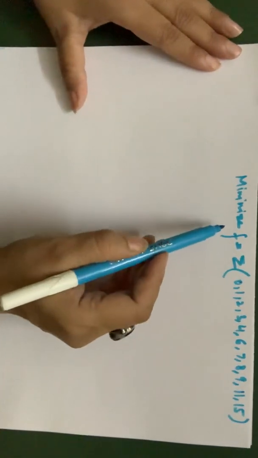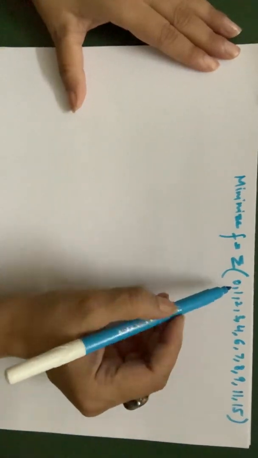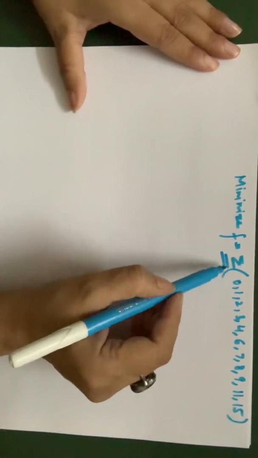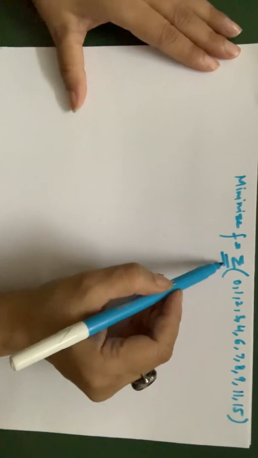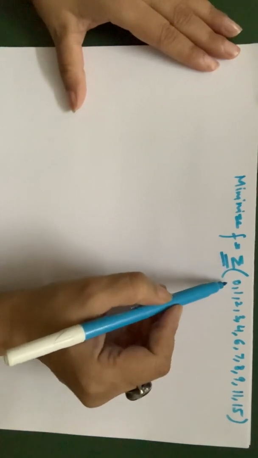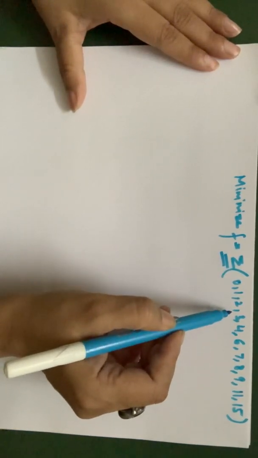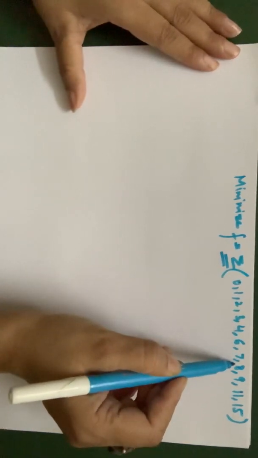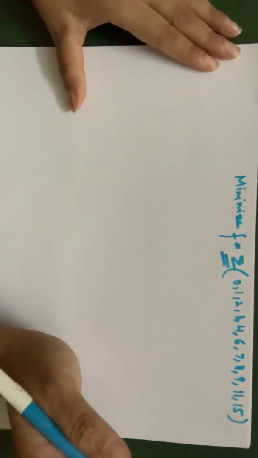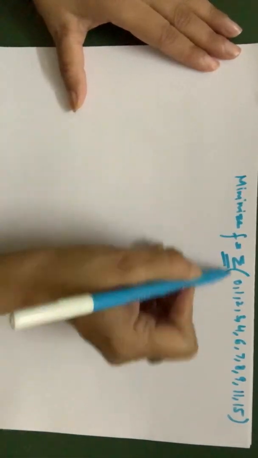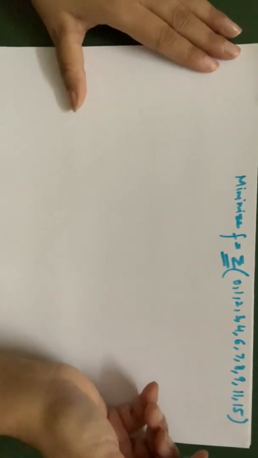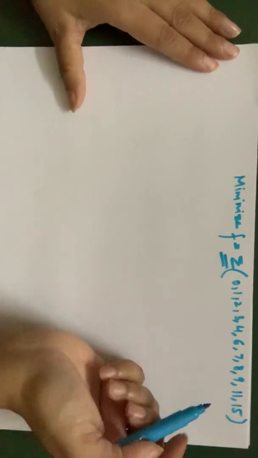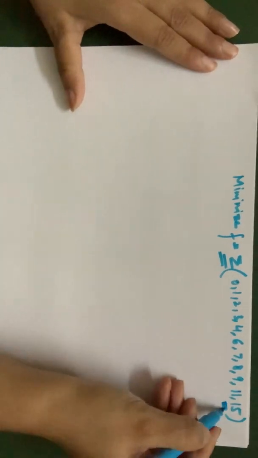So I repeat, we have to minimize this function wherein sigma is there. This is the symbol which says we have to solve this using SOP, and the problem says 0, 1, 2, 3, 4, 6, 7, 8, 9, 11 and 15. So you have to minimize this function using a K-map. And as you can see, we have numbers till 15, which means it is a 4 variable K-map.